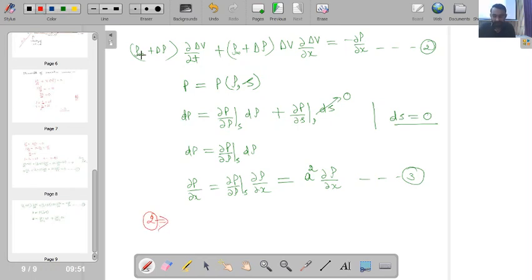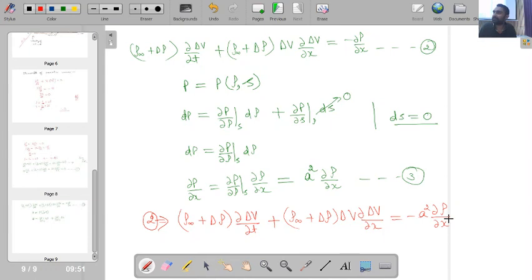Then it will become (rho infinity plus del rho) into del v by del t plus (rho infinity plus del rho) into v into del v by del x equal to minus a square into del rho by del x.